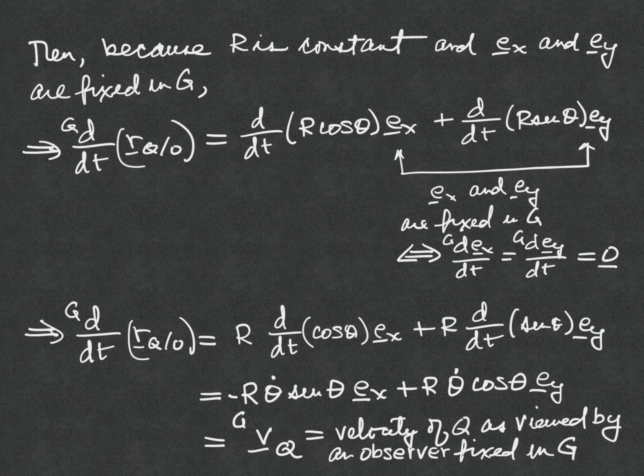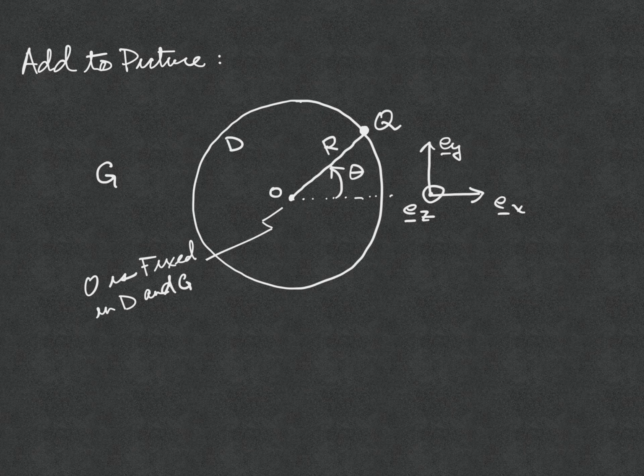So now we're going to go back and take advantage of the geometry. Let's add to the picture a second basis. This basis is actually going to be fixed in the disk.